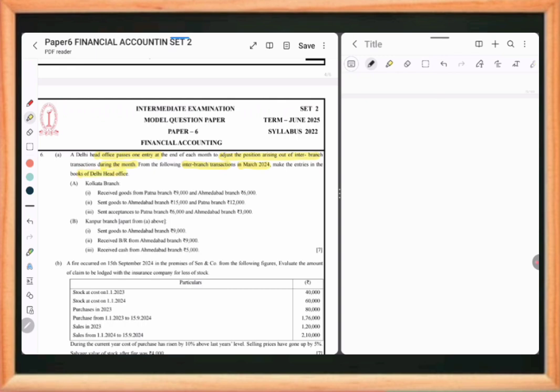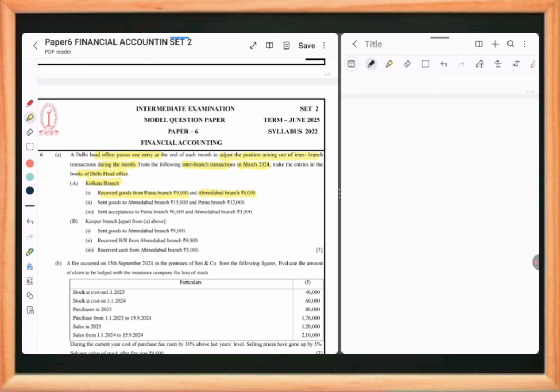Here they have given the transactions of the branches. Kolkata branch received goods from Patna branch 9,000 and Ahmedabad branch 6,000 rupees. As far as the head office is concerned, they have to pass an entry in its books. What is the transaction?